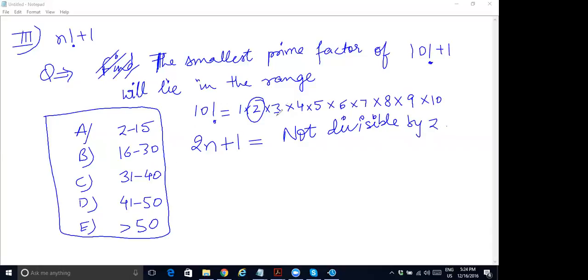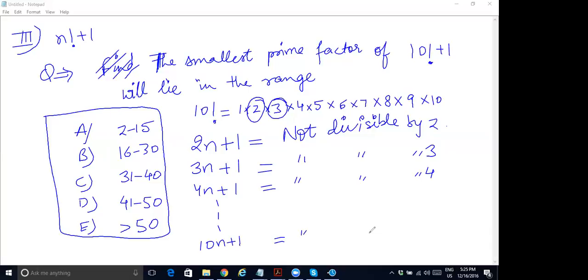And since it also has 3 as a factor, I can write it as 3n plus 1. Can this number be divisible by 3? No. Similarly, 4n plus 1, not divisible by 4. And it goes on till 10n plus 1, not divisible by 10.